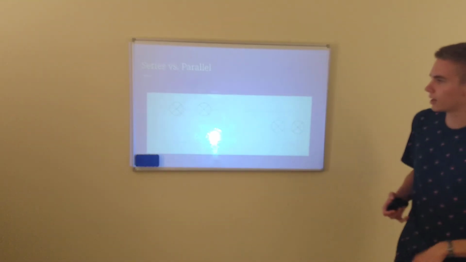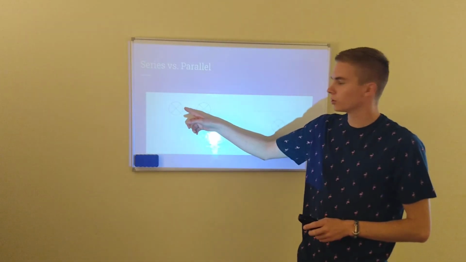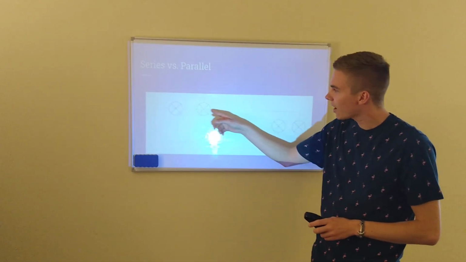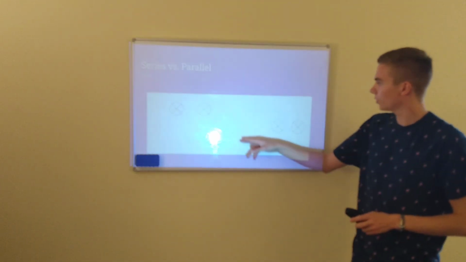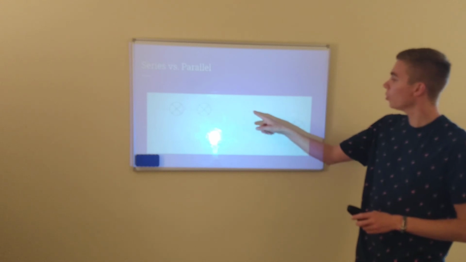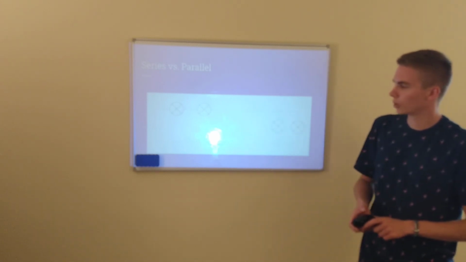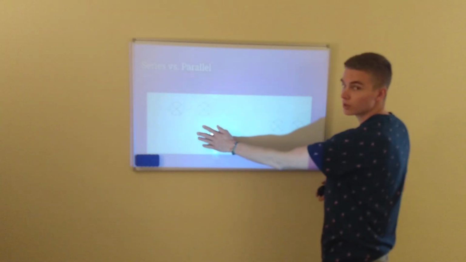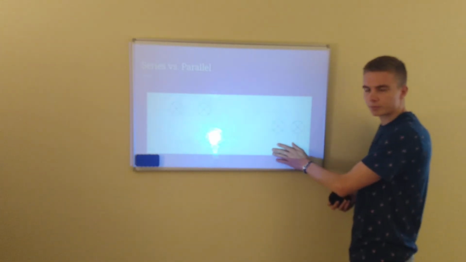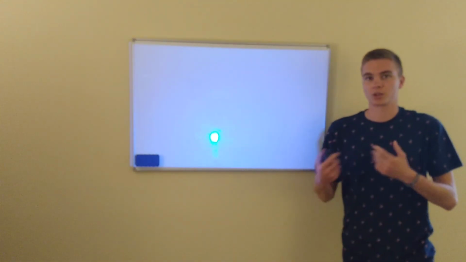Comparing them side by side, in our series circuit, electrons have to flow through this light bulb and they have to flow through this light bulb. Over here, I'm going to either flow through that light bulb or through that light bulb. So series, parallel. Why is it important to understand these two circuits?